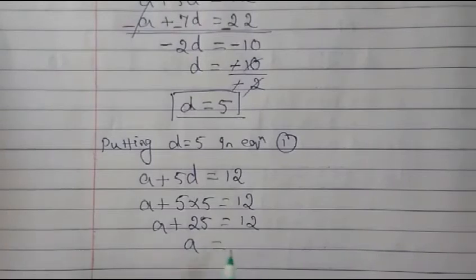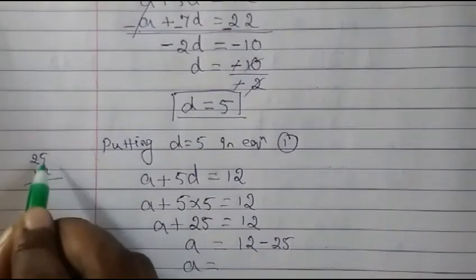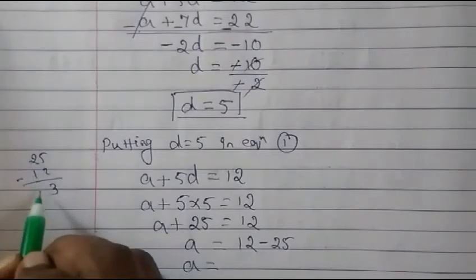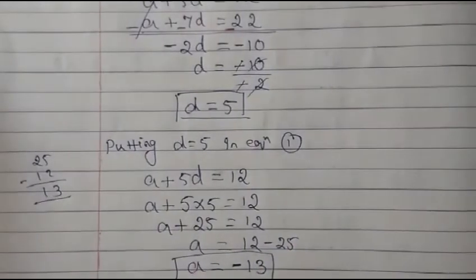So keep a as it is. Bring 25 this side, it will become minus. So a equal to, from 25 you subtract 12, 5 minus 2 will give you 3, 2 minus 1, 1. So 13. But the biggest number is minus sign, so we will get a equal to minus 13.